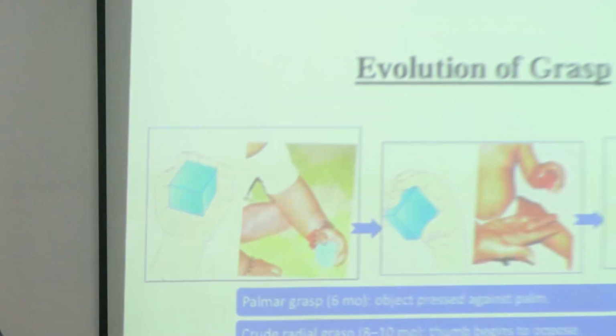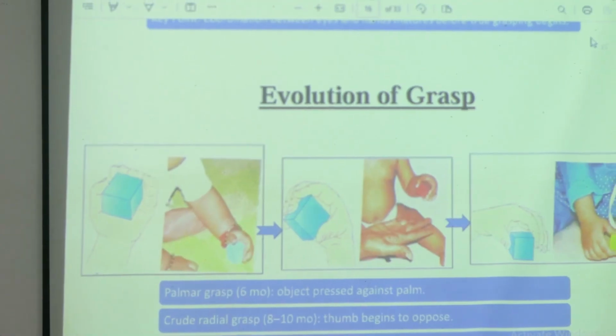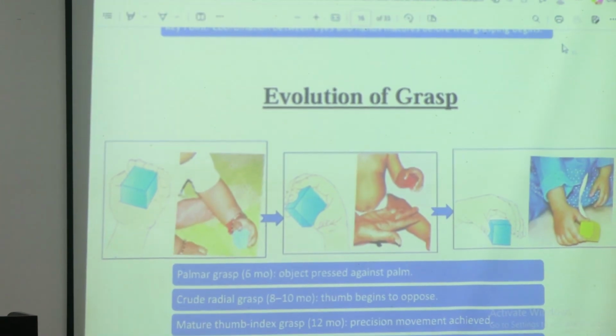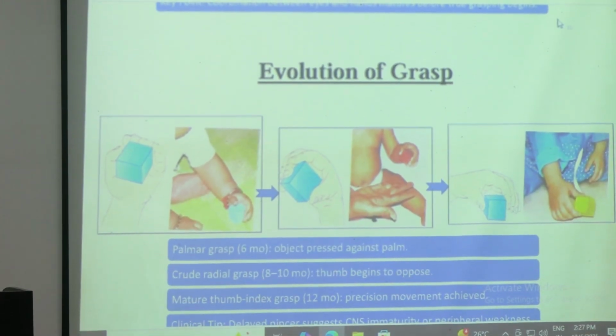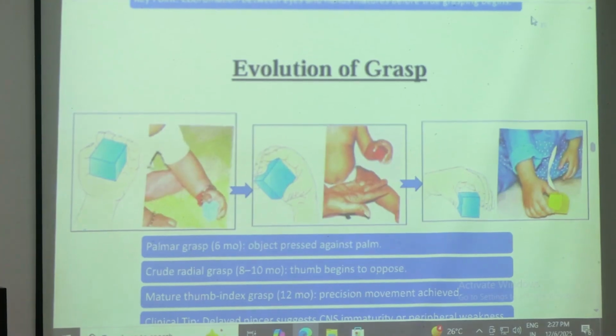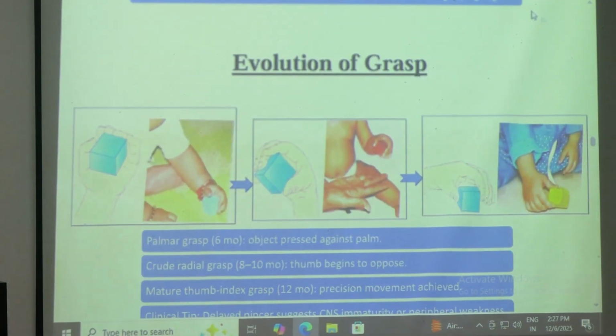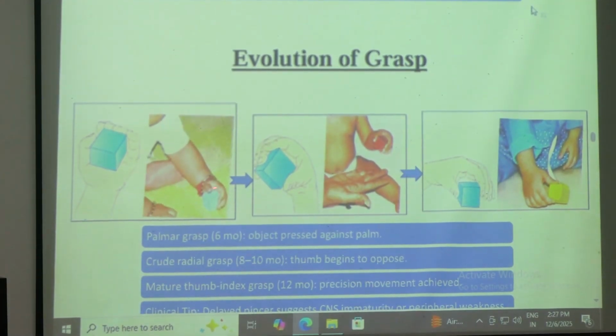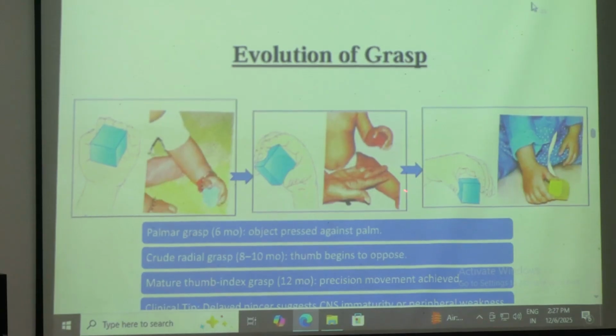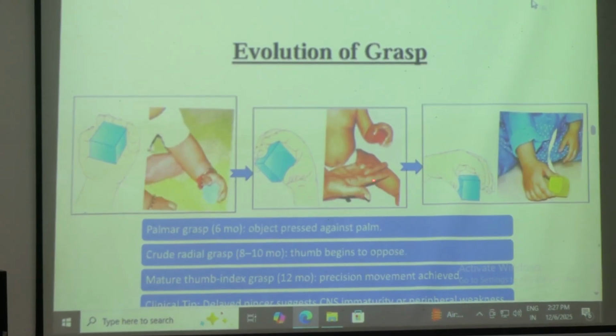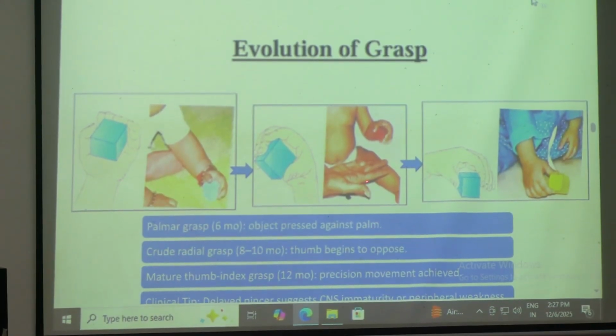If you give some cube, he will try to hold, but he will not be able to hold with a mature grasp. That will be immature. First is the palmar grasp. See, which side is the palmar side? This side is the palmar side.